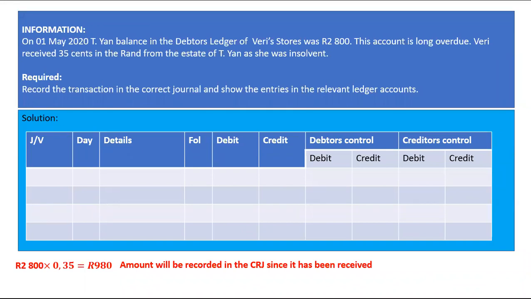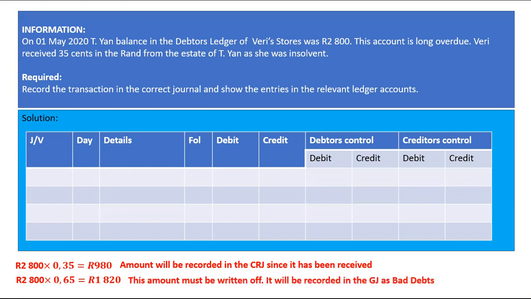And obviously, once you have found the 980, which is the 35%, the remaining 65% is what we need to write off. And 65% of 2,800 will be 1,820. And this is the amount that must be written off and will be recorded in the general journal as bad debts.